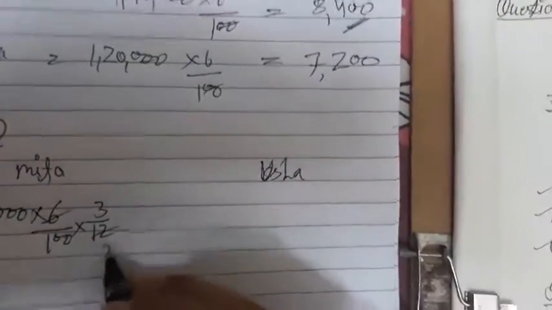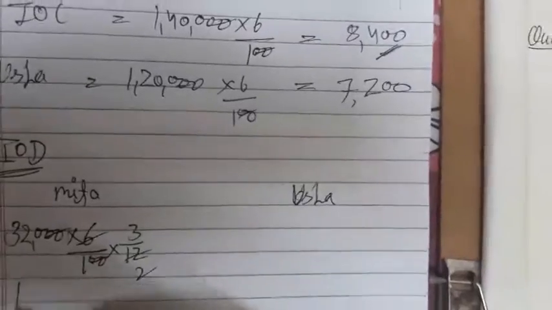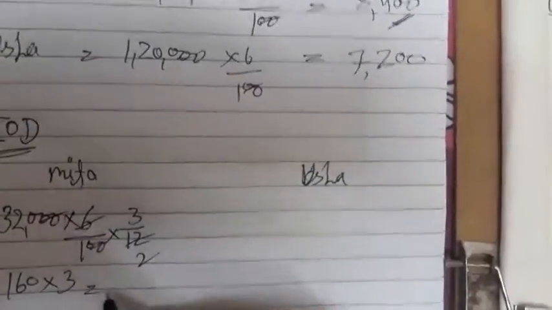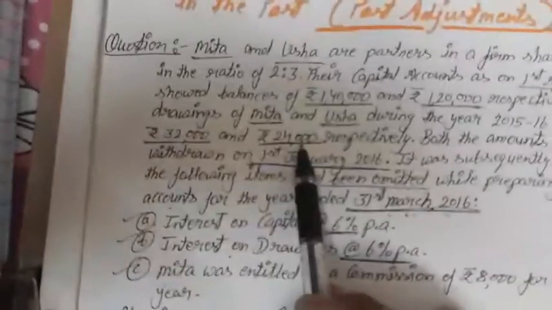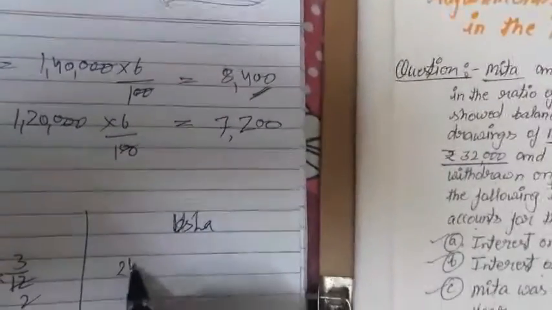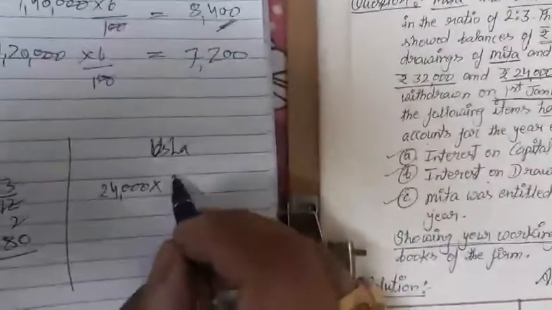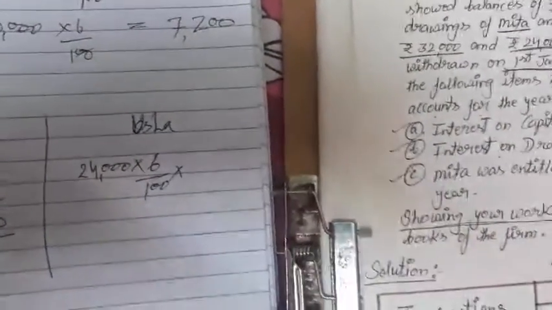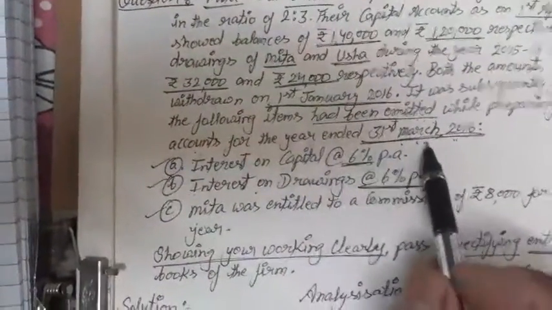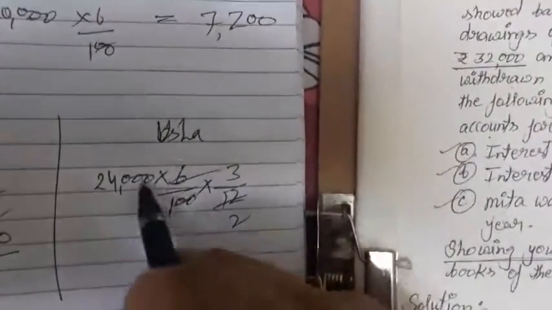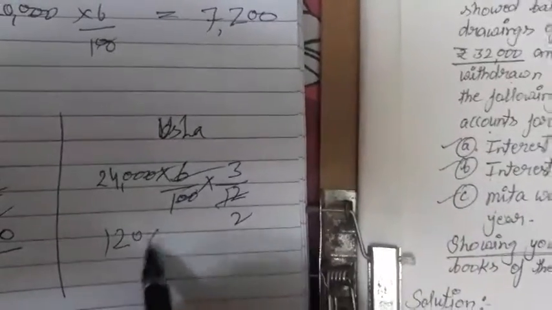So 6 by 100 multiplied by 3 by 12, which gives 480 rupees for Meta. And for Usha, 24,000 rupees, rate of interest 6%, 6 by 100, multiplied by the same time duration from 1st January 2016 to 31st March, 3 months, 3 by 12.